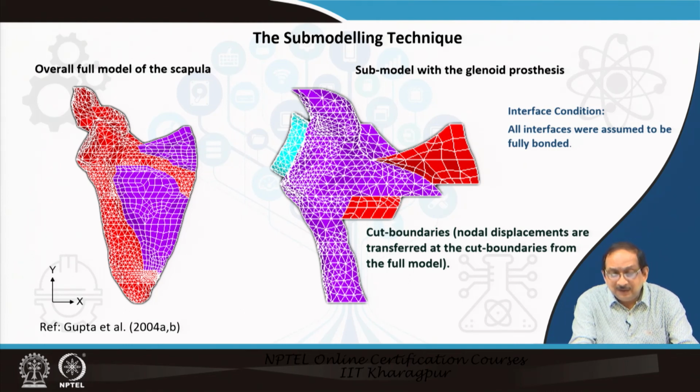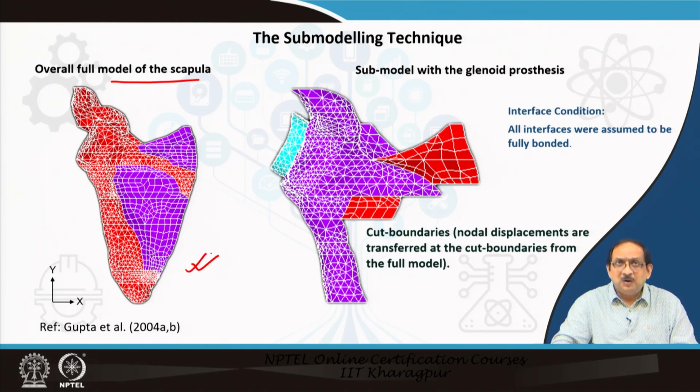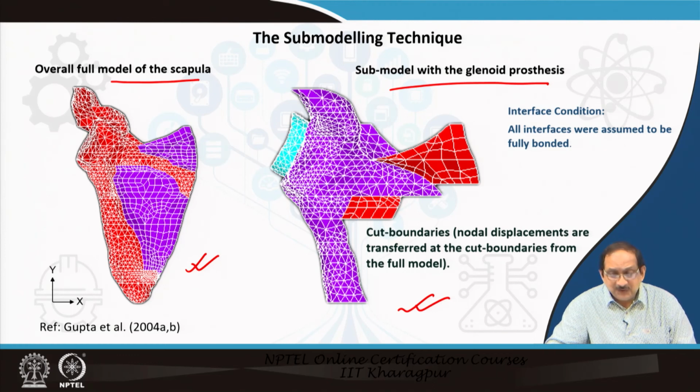On the left, we can see the overall full model of the scapula, and on the right, we see the submodel of the glenoid prosthesis.